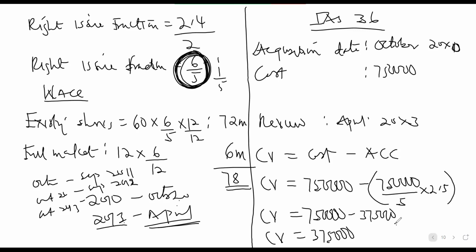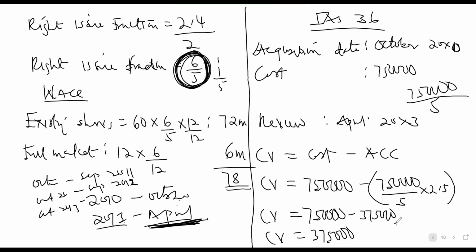So the review was done on 1st April. We want to know the carrying value as at this date and compare with the revalued amount to see whether there is a revaluation gain or revaluation loss. How do we calculate carrying amount? It is the cost minus the accumulated depreciation. We know the depreciation for each year, which will be 750 divided by 5, because the asset is having 5 years with no residual value.